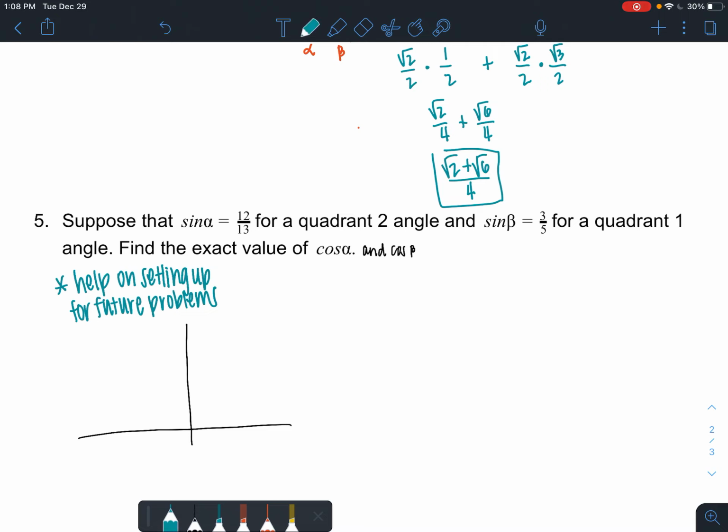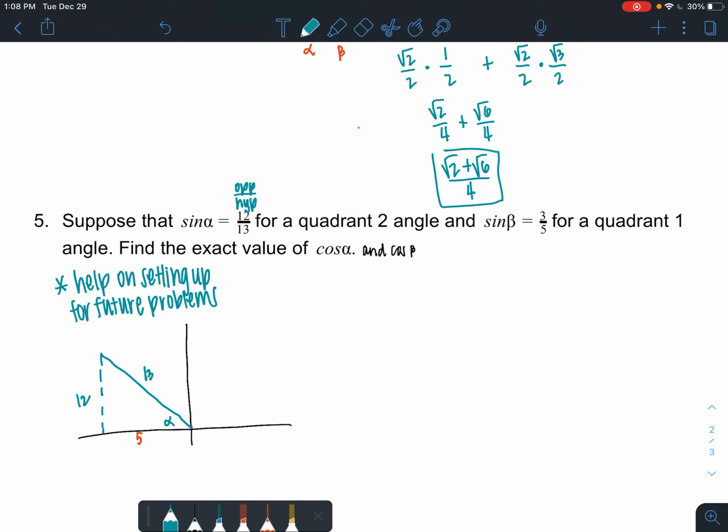Okay, so alpha is in the second quadrant. Sine is opposite over hypotenuse. So the opposite side over here is 12, hypotenuse is 13, making this final side 5.